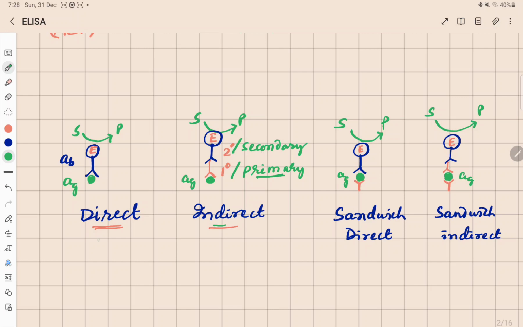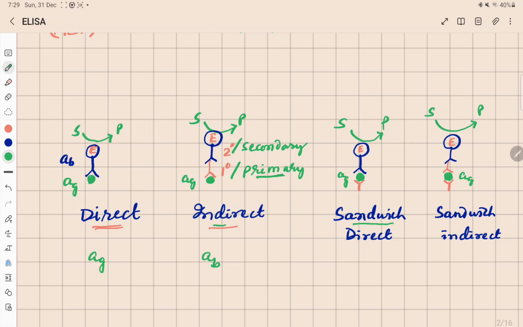So for direct ELISA, we can detect antigen only. In indirect ELISA, we mostly detect antibody. However, we can also detect antigen. Then the third one, sandwich ELISA. You must have eaten a sandwich.